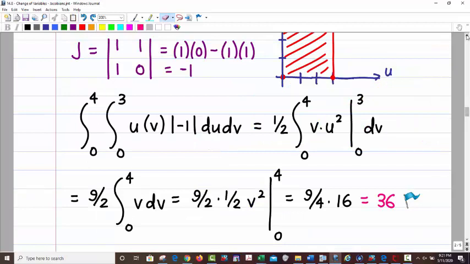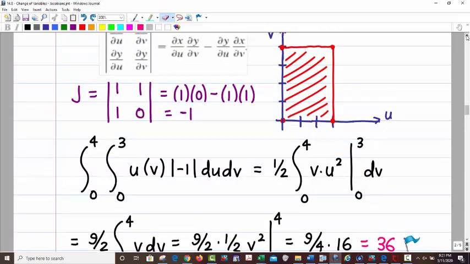And these integrals are generally pretty easy. They're not meant to be complicated. If someone wanted to be creative, I'm sure they could make it complicated, but that is not my goal. So we're just integrating uv du dv, 0 to 3, 0 to 4.